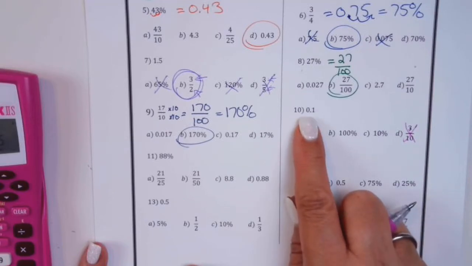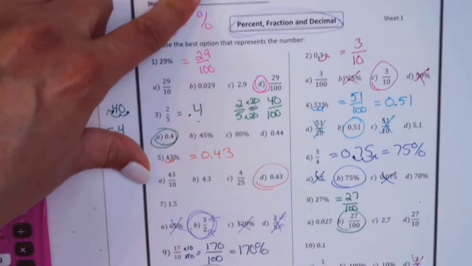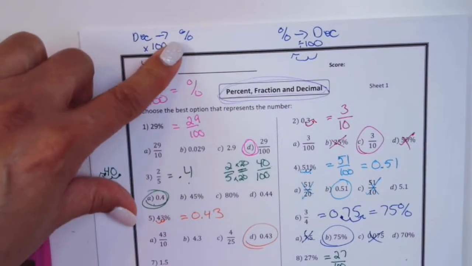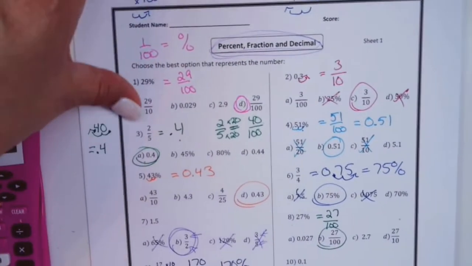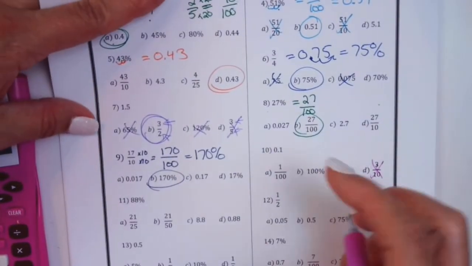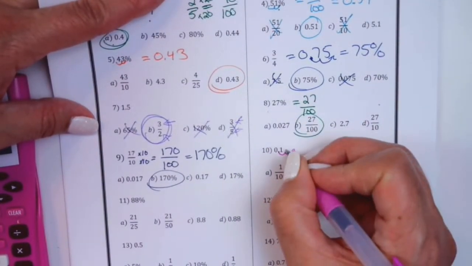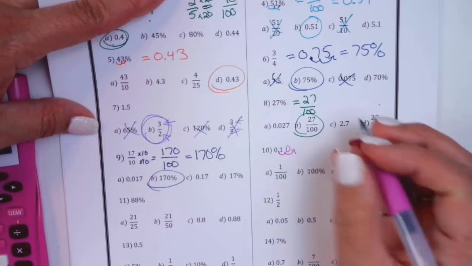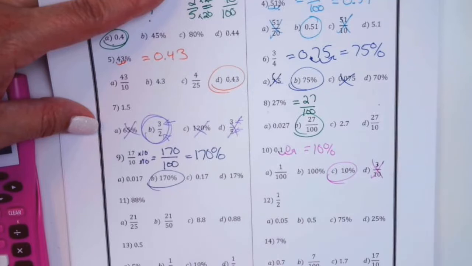Now, if we want to make it into a percent, decimal to percent means that we are multiplying it by 100, moving the decimal point 2 to the right. So 0.1, moving the decimal point 2 to the right means that we would put 1 0 here. And this would be 10%. So there's your 10%.